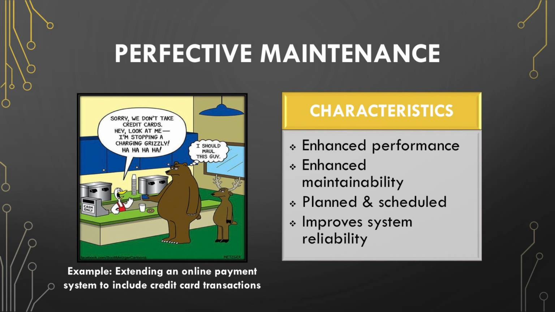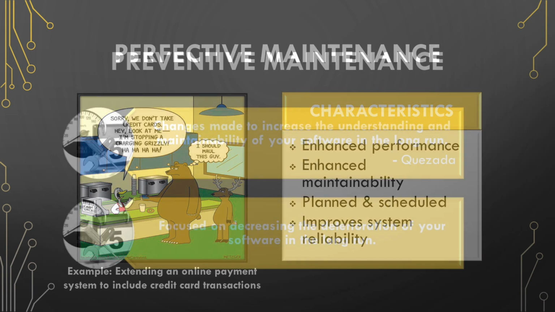The new payment option implementation becomes an evolution of the original requirement to only implement functionality for cash transactions. Perfective maintenance involves the modification of a software product after delivery to improve performance or maintainability.